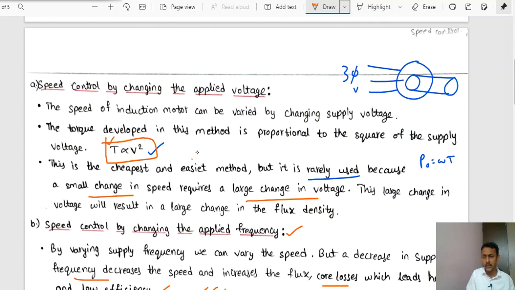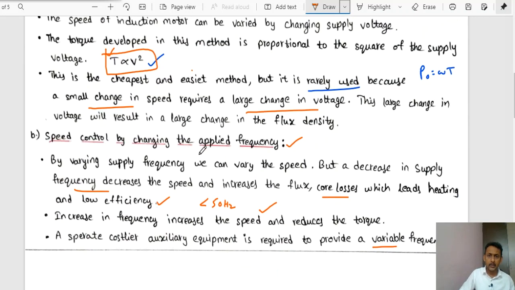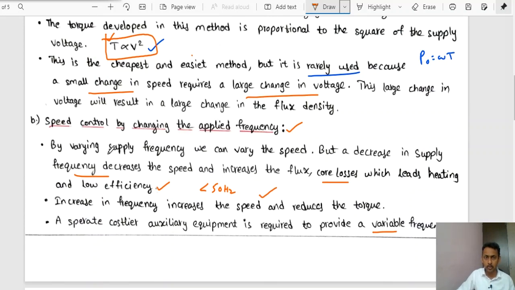For a small change in torque, a large change in voltage is required. So this is the drawback. And by changing the applied frequency, if the frequency is brought low, losses will be more and efficiency will come down. This is the drawback. And variable frequency drives are to be used.